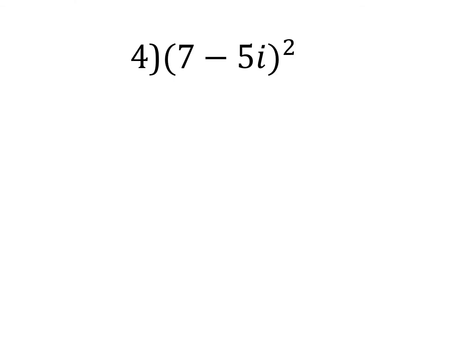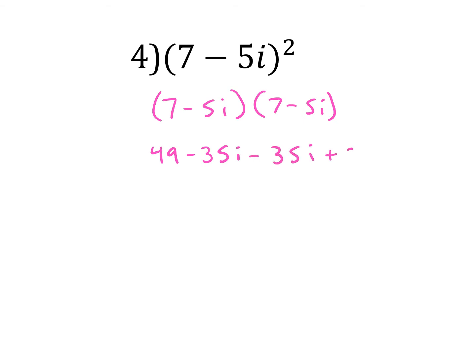So I can't just distribute that squared. I have to FOIL. This is 7 minus 5i times 7 minus 5i. Multiply the first terms, the outsides, the insides, and then the last. What should I do next? So this is 49 minus 70i plus 25i squared.